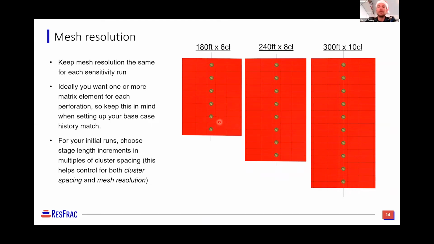And so if I didn't normalize, I may find that this 240-foot stage underperforms on a per foot basis the 180-foot stage. But that's not entirely the effect of stage length. It may be more an effect of perforation efficiency. And so that's why it's really important to consider normalizing these things as we set up the sensitivity analyses.